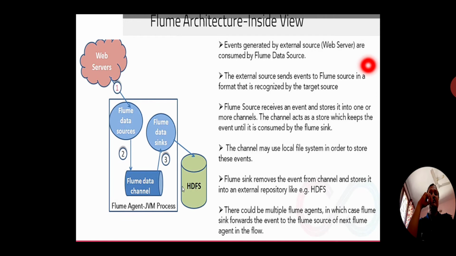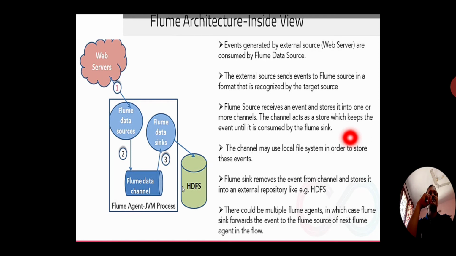Events are generated by the external sources and consumed by the Flume data sources. The external sources send the events to the Flume source in a format that is recognized by the target source. The Flume source receives an event and stores it into one or more channels.